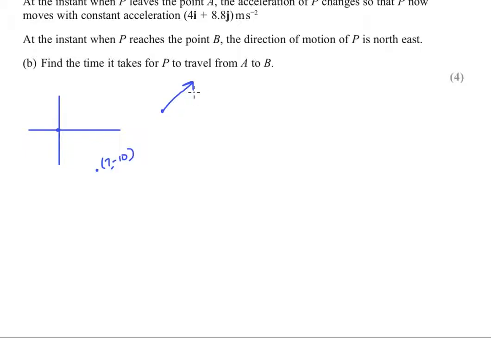So it's heading off in that direction. That means the velocity is going to be of the form some multiple of i plus j. That's that northeasterly direction.